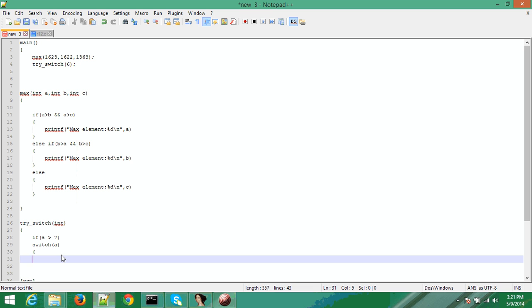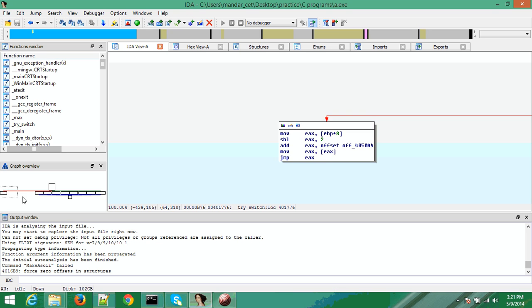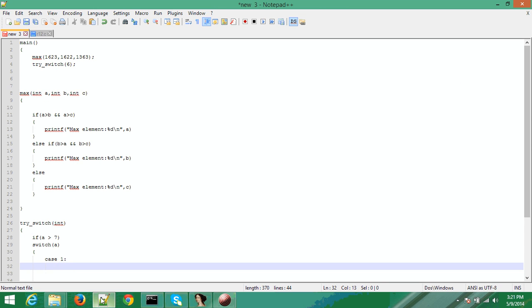and it's basically doing case 1 colon. If you look at one of them, they are all exactly alike. It's basically moving offset 1, this value, into the ESP and then calling puts. puts is usually a replacement for printf when only one argument is passed.